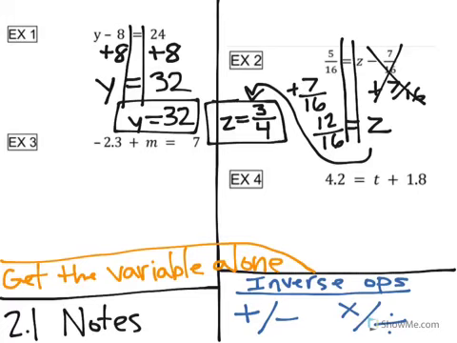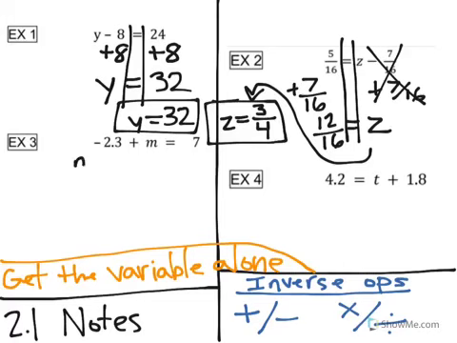Alright, next one we have negative 2.3 plus m equals 7. So we want to isolate the variable. The variable is m. So basically what's happening is we're adding a negative 2.3. So remember that addition and subtraction are commutative, so we can move them around.